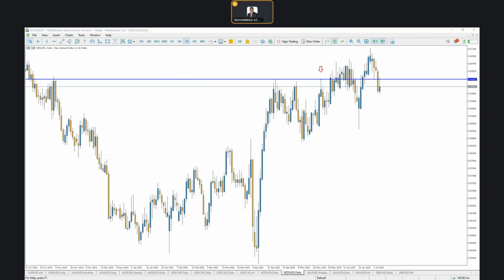Well, it's already going down, and if the NZD is going to fall, the NZD USD drop is obviously going to reflect reduced demand for the New Zealand dollar. Now, if the OCR matches the expectations, 3.25%, then it means that the Reserve Bank of New Zealand is going to hold the official cash rate at 3.25%.